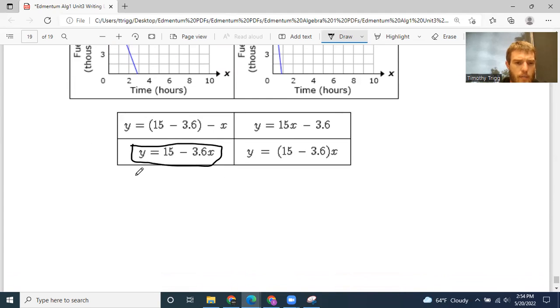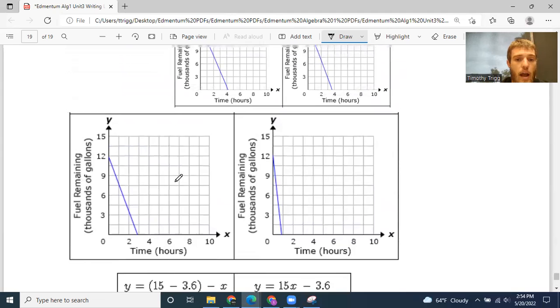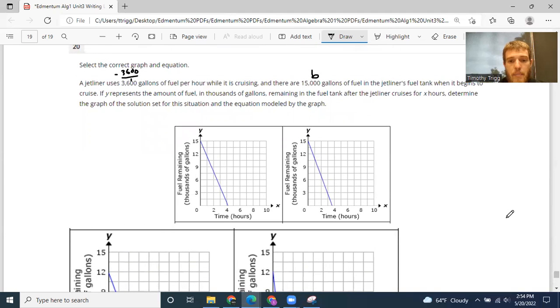And generally, this is our answer. Generally, I want to write the 3.6x, the mx first, and then plus b. So our y-intercept is 15, and our slope is negative 3.6. So see which one of these graphs shows that the best.